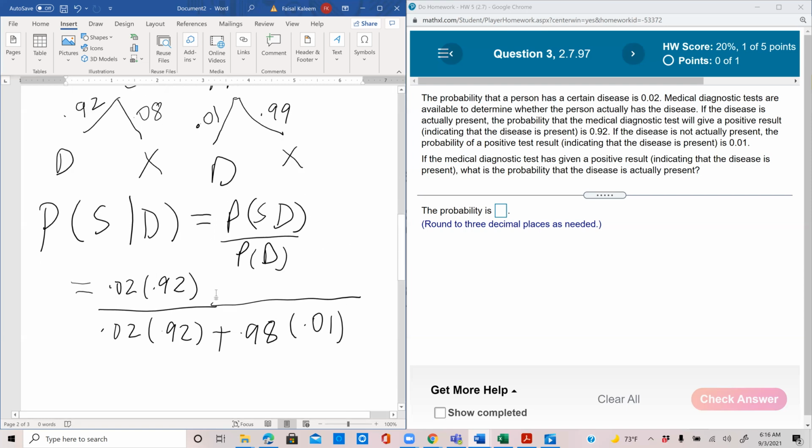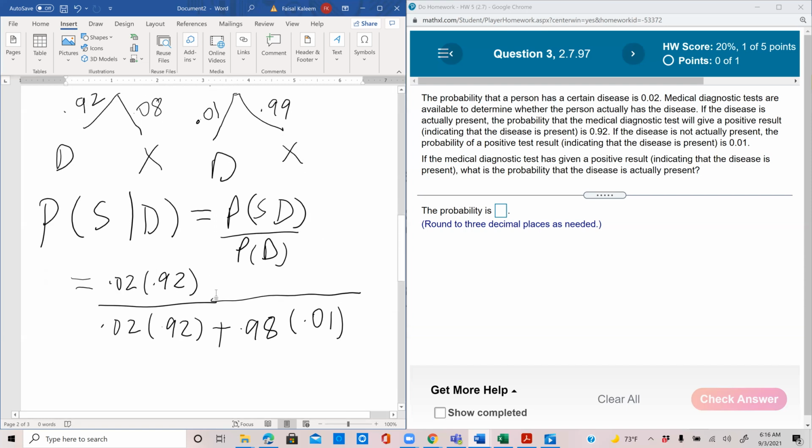Okay, so now we just evaluate this one. So 0.0184 divided by, so, 0.652 is what I'm getting.